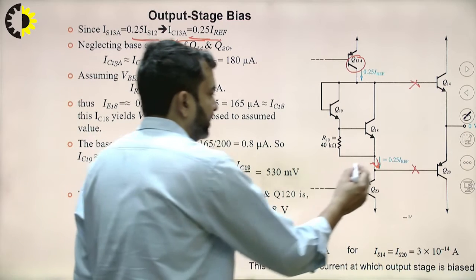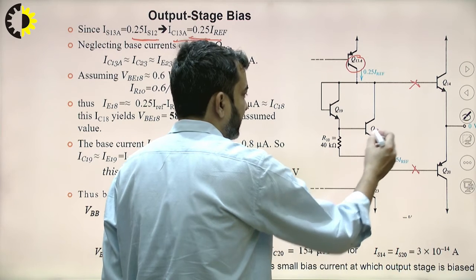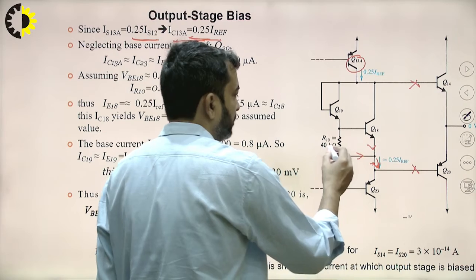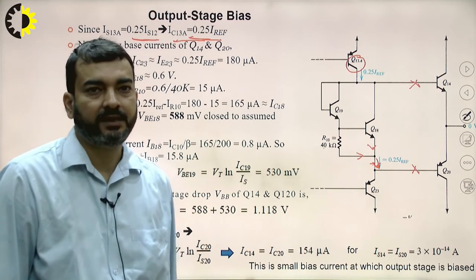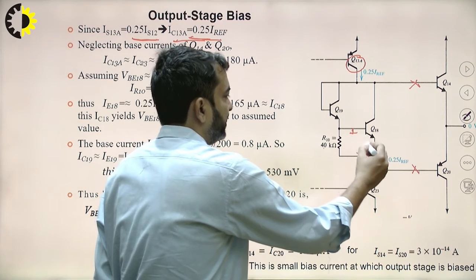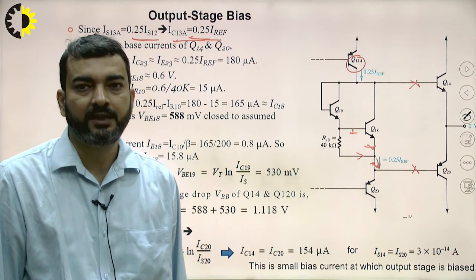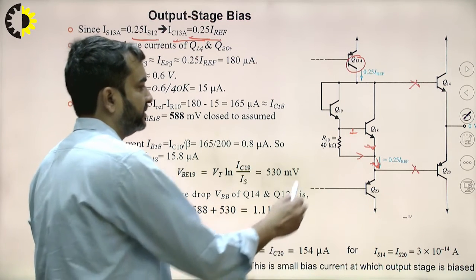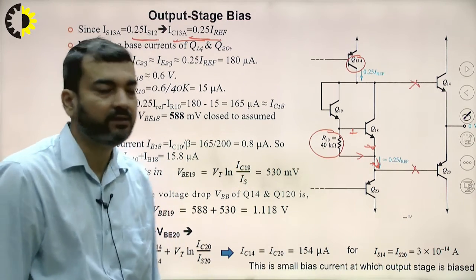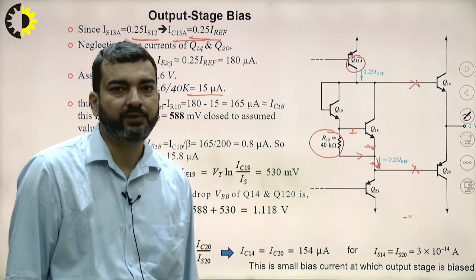Now this current is the sum of the emitter current of transistor Q18 and the current which will flow through resistance R10. Assuming the base emitter voltage of transistor Q18 as 0.6 volt, meaning 600 millivolts, the current across this resistance will be 0.6 divided by 40, and this will come as 15 microampere.